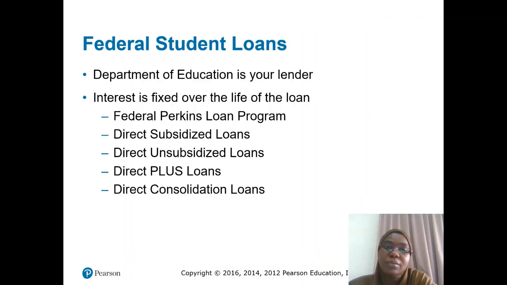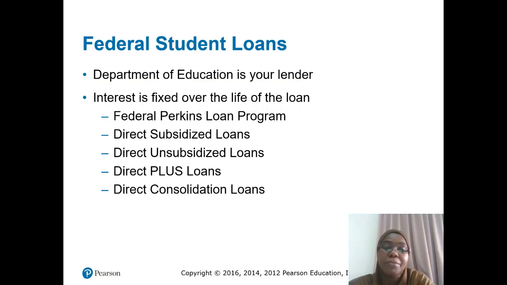Federal student loans are also available. Like I mentioned, at times you need to explore the federal student loan before going to any lender for a loan. The Department of Education is your lender. This needs to be understood. The interest is fixed over the life of the loan. If you are paying the loan for a duration of maybe 2 years, the interest is also fixed for that period.